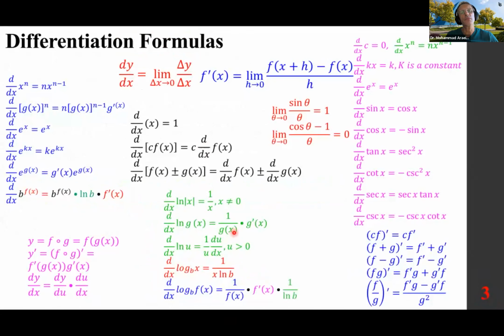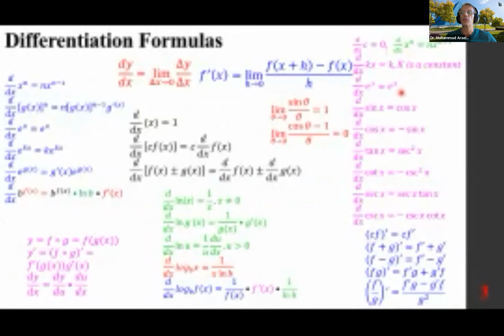Reminding everyone of differentiation formulas, starting with the definition. Basic differentiation such as the power rule, exponential functions, trigonometric functions, the product rule, the quotient rule, the chain rule, exponential rules.